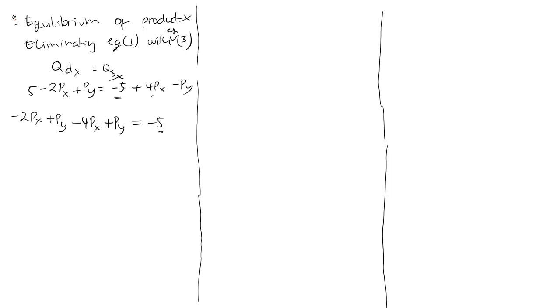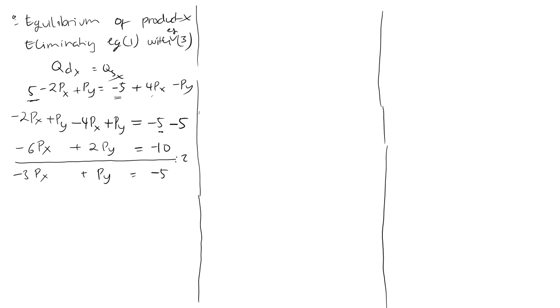Then the 5 goes to the right, becoming minus 10. So it will be minus 6px plus 2py equals minus 10. You can divide all of them by 2: 3px, 2py divided by 2 is py, and this becomes minus 5. So this becomes your new equation, and we call that equation 5.